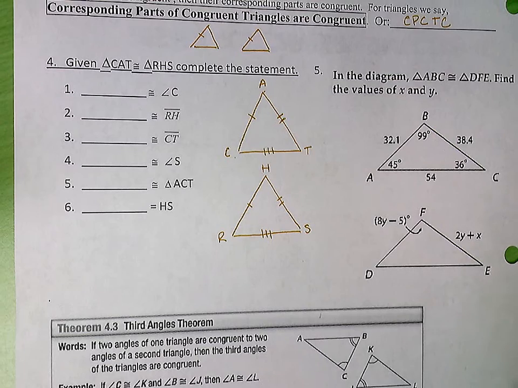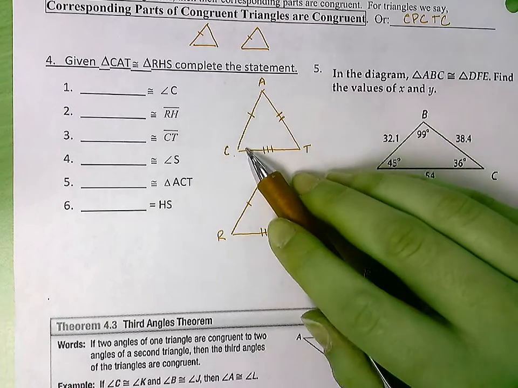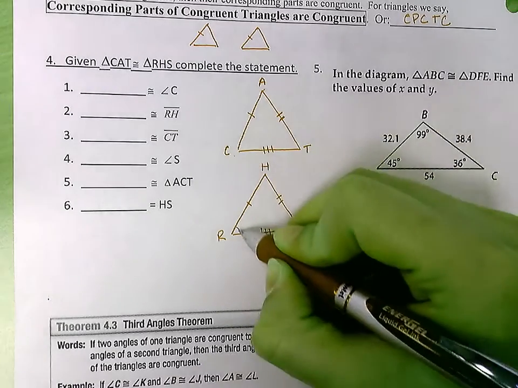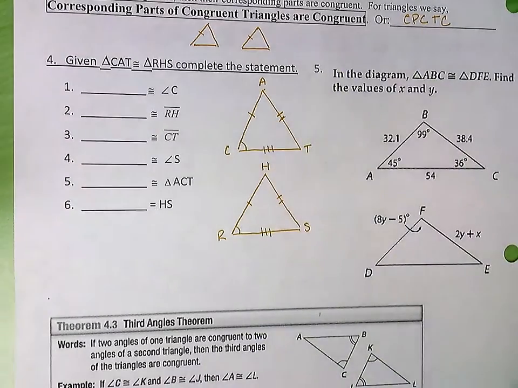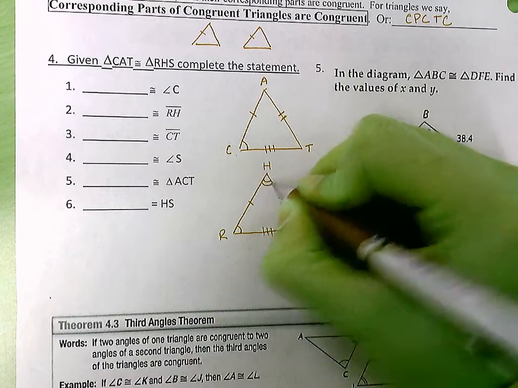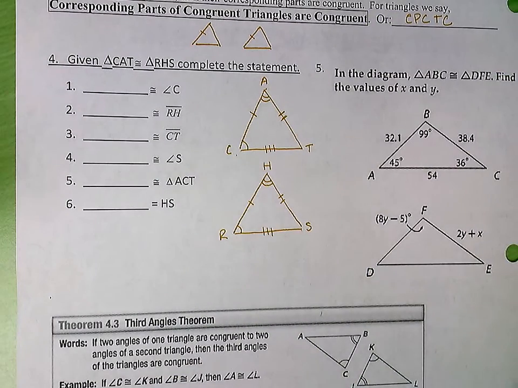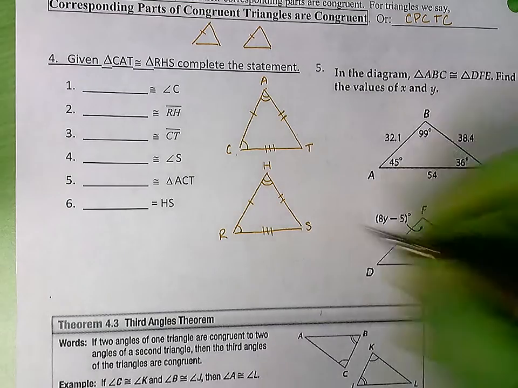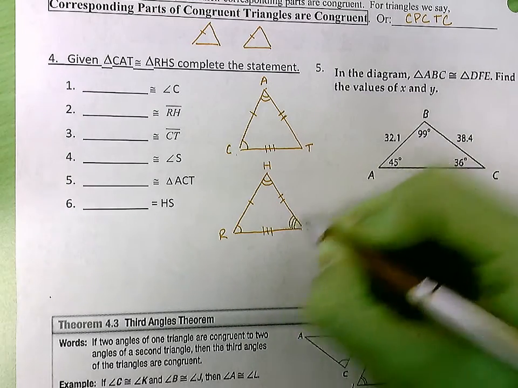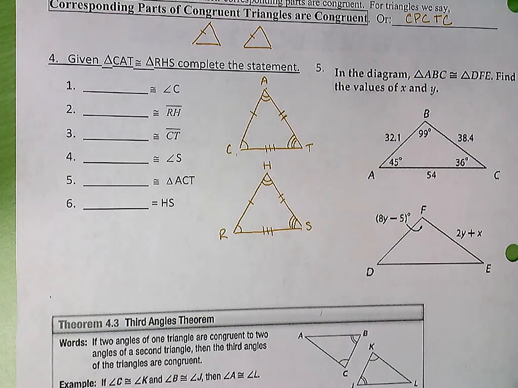Now I'm going to look at the angles. Angle R and angle C have to be the same. So we're going to put that arc through those angles. Then A and H, put the double arc through those angles. And then the last one is T and S. So we'll put 3 dashes in that angle.